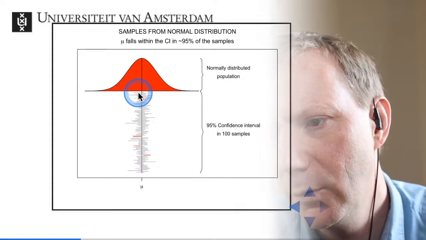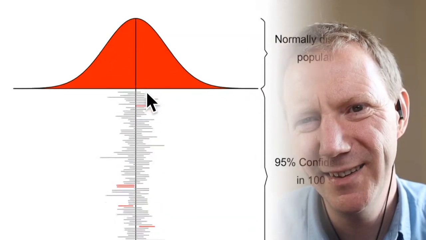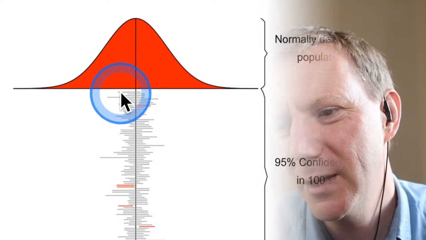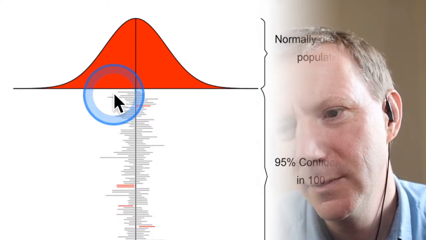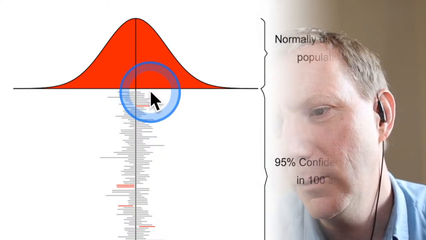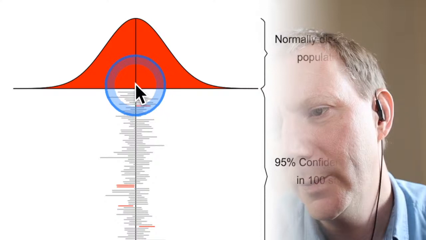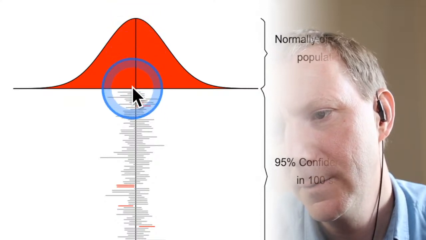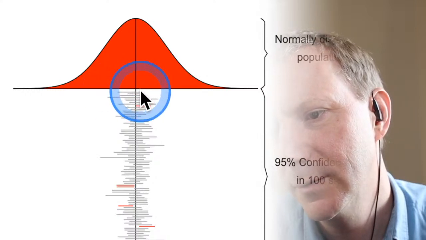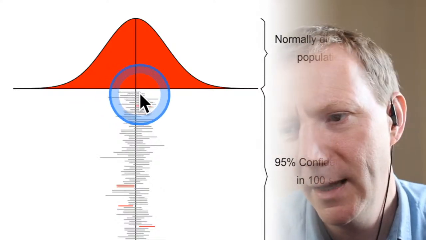So the gray bars here, let's see if I can zoom in if this works. Yeah, this works. The gray bars, the horizontal bars, represent one sample with a lower bound and an upper bound. And what we see is that for this first sample that I took, the population mean, this one, falls between the lower bound and the upper bound. And for the second sample, again, it falls between the lower bound and the upper bound.